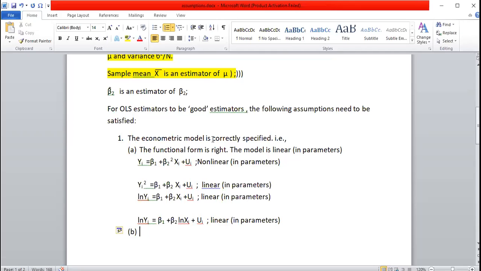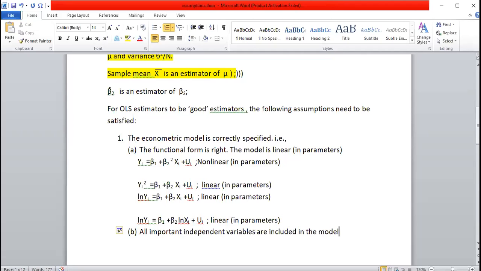B, the model is correctly specified means, a very important one, all important independent variables are included in the model.